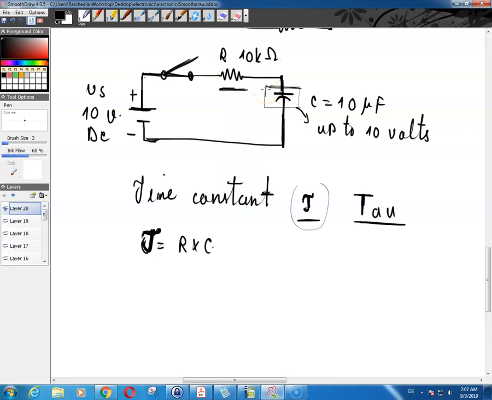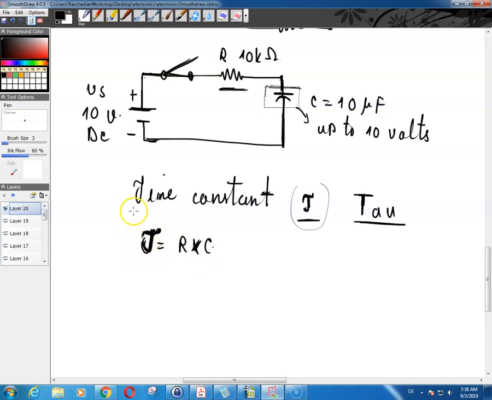Okay. Now there's a couple more things here to discuss. We said that tau is equal to R times C, and of course R has to be in ohms and C has to be in farads, not in any other units. Otherwise you would get your tau in some other unit.